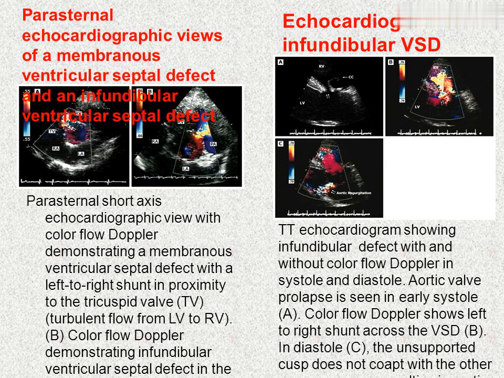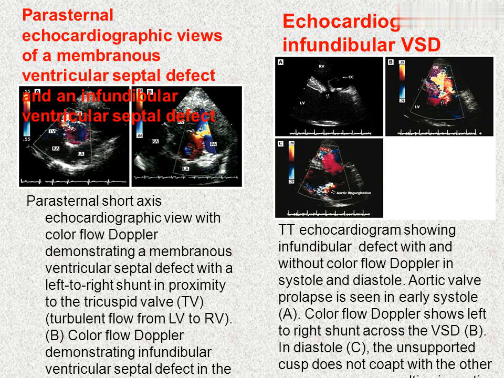Echocardiogram of infundibular VSD. Parasternal echocardiographic views of a membranous ventricular septal defect and an infundibular ventricular septal defect. A. Parasternal short-axis echocardiographic view with color flow Doppler demonstrating a membranous ventricular septal defect with a left-to-right shunt in proximity to the tricuspid valve, TV, turbulent flow from LV to RV.